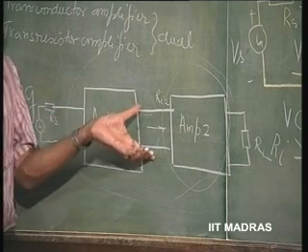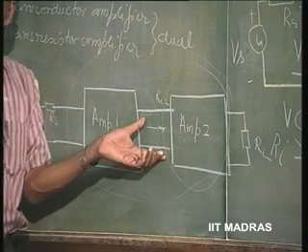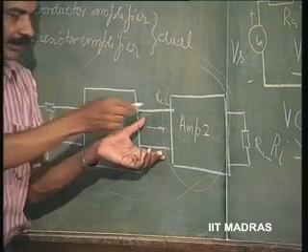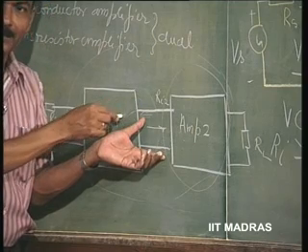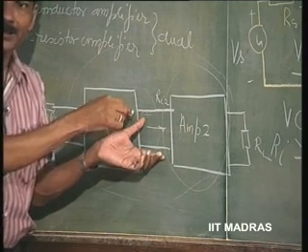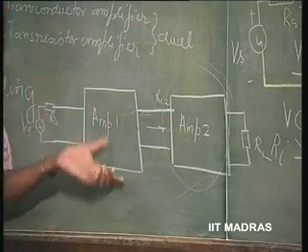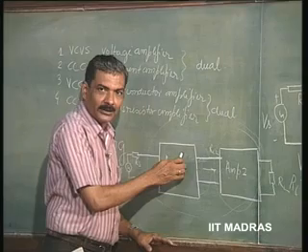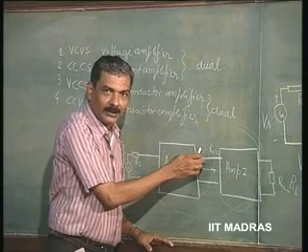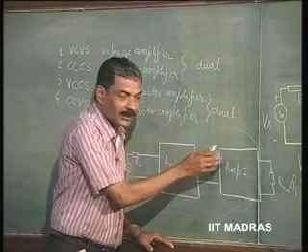So, we can represent this amplifier 1 with the drive there as a source. That means output resistance of this is going to be the source resistance for this. So, this can be represented as a voltage source in series with some output impedance, which will be really the source resistance for this.